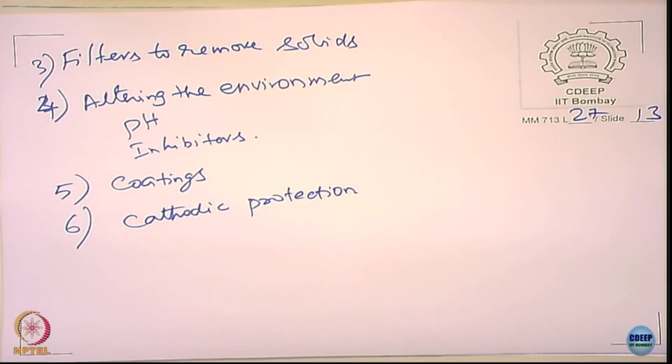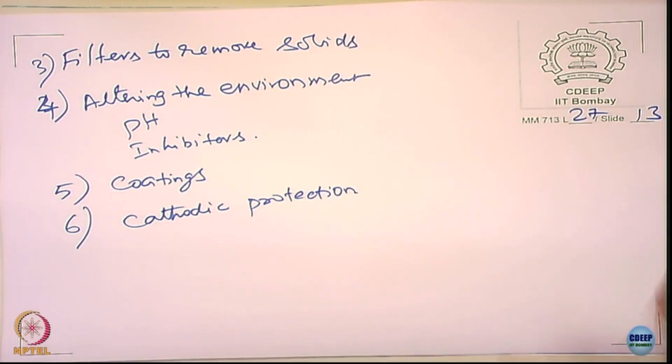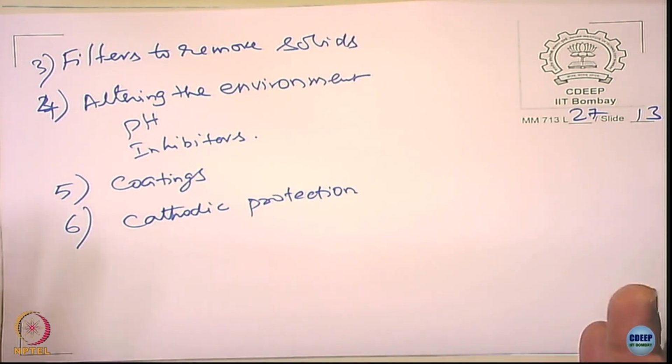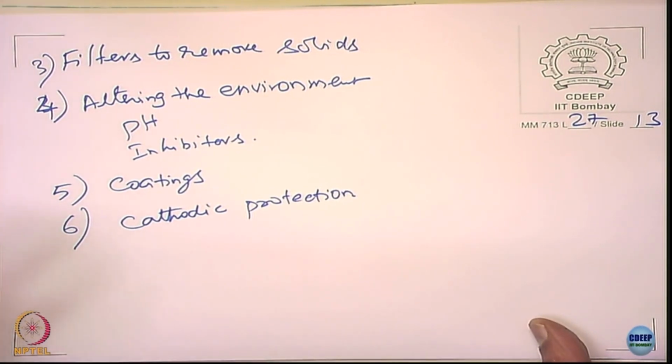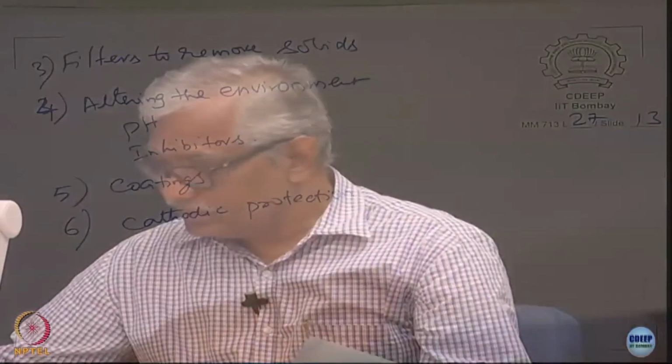But of course you cannot apply all these methods everywhere, only where possible. What is the bottom line? The bottom line is bringing down the cost, and where safety is involved, safety. So these are the few available methods to control erosion, corrosion. If you want, we can discuss more on this later.